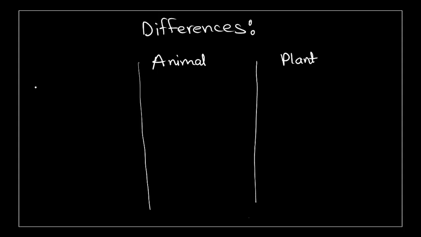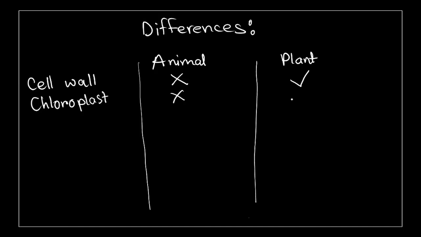So let's learn about the differences between animal and plant cells. Starting off with the cell wall, that's unknown for animal cells, but plant cells do have cell walls. And chloroplasts, and again, dang, animal team, we guys are losing. They do not have chloroplasts, but plant cells, yeah, they do. Then a large permanent vacuole.